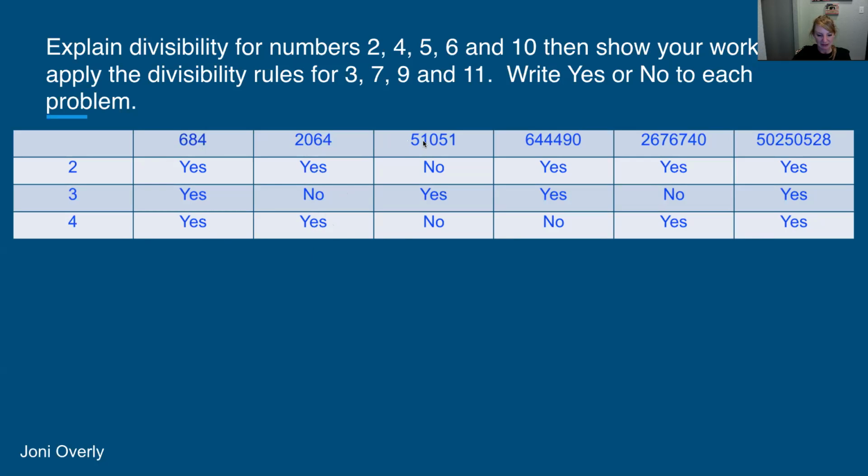So next, 4 cannot be divided into 51 evenly. So that is not going to be divisible by 4. 90 right there is not going to be divisible by 4.